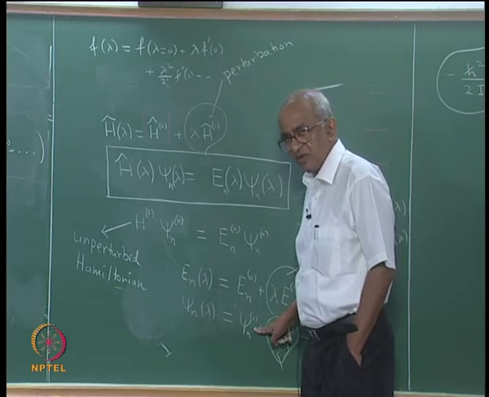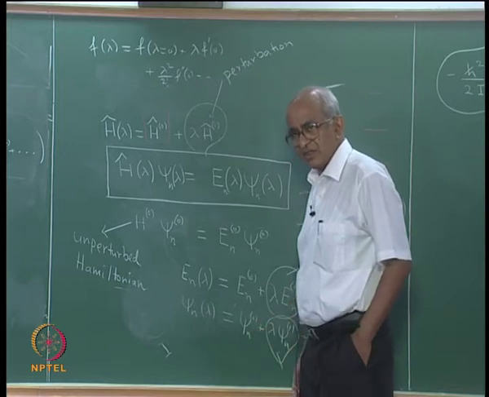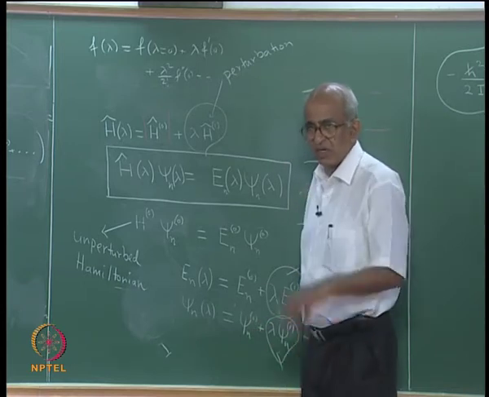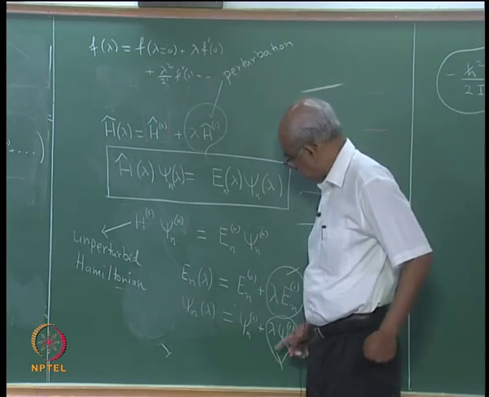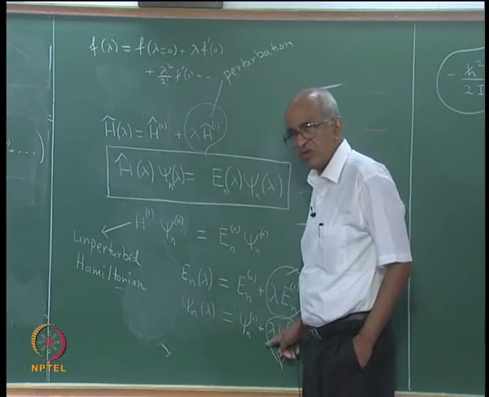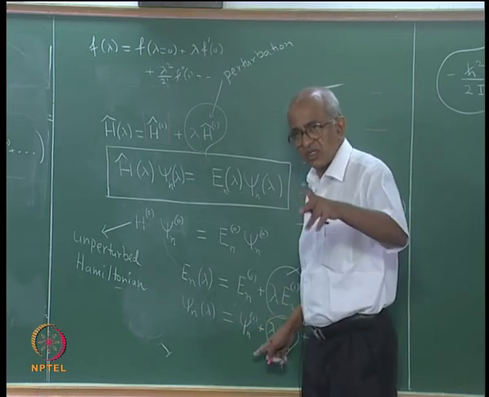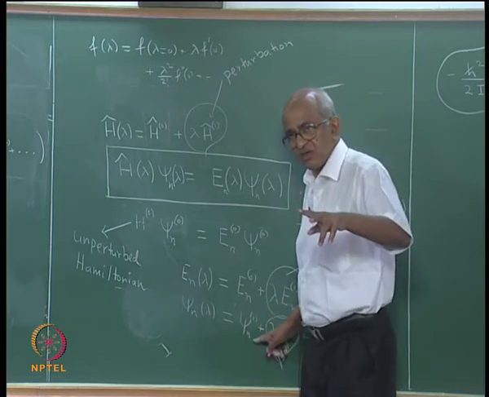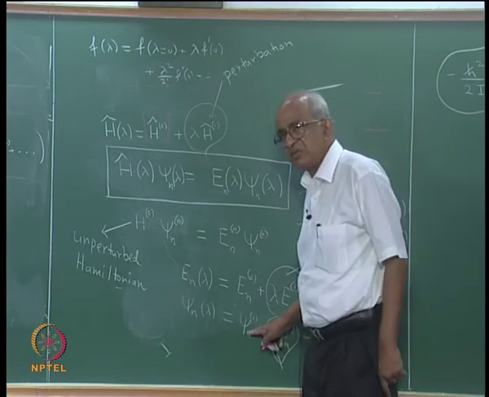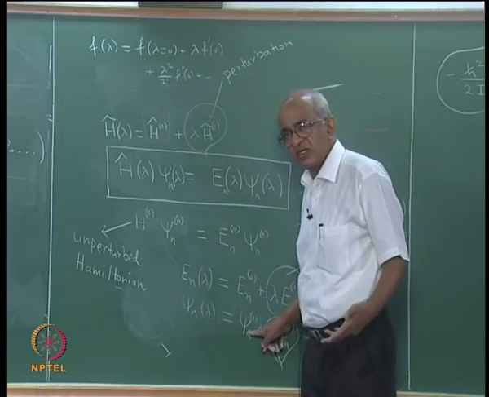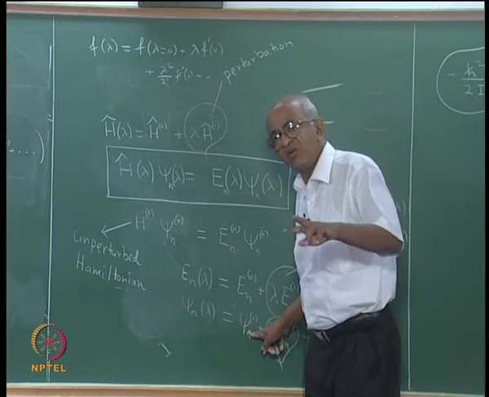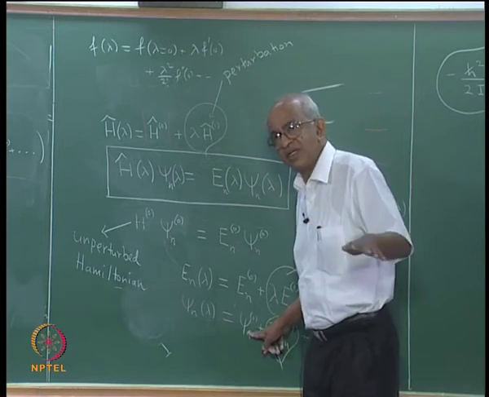If your energy level is degenerate, let us say it is doubly degenerate, then when lambda is equal to 0, I do not have a unique state, because there are two states there, right. So, what would this be? Can I think of a unique state, or maybe it can be a linear combination of the two states that are already there.